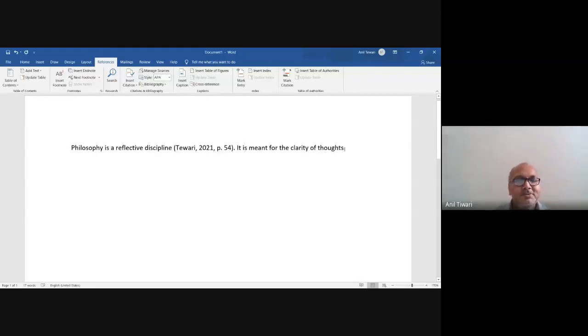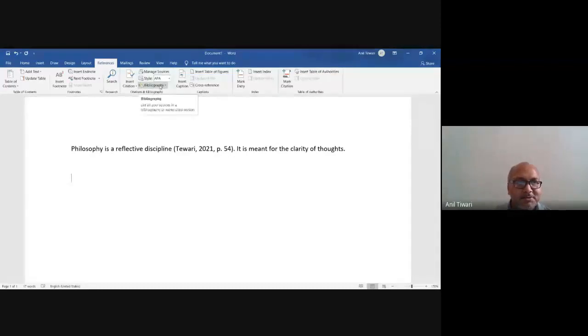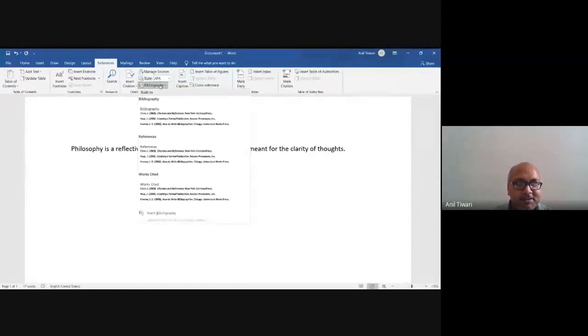So this way you just go on, since it is the beginning of your research, so you just go on making a repository of all the reference materials which you are going to use. And certainly for our assignment, every contributor will make a repository. And this will help you to prepare the bibliography in a better way. And suppose once you are done with all these citation and everything, and you want to write references, so click here where a bibliography is written, and you just click here either bibliography or references or whatever way you want.